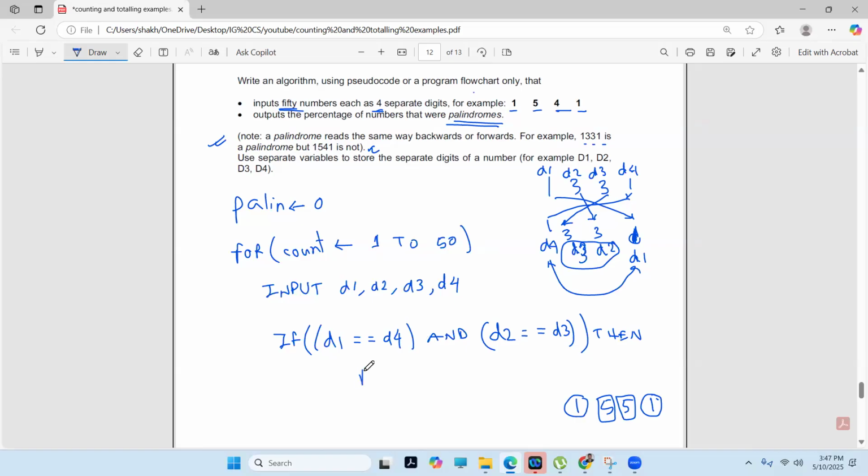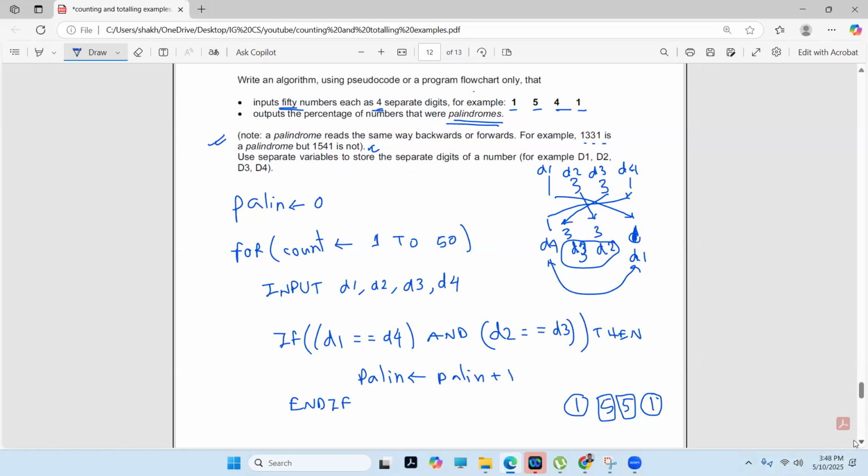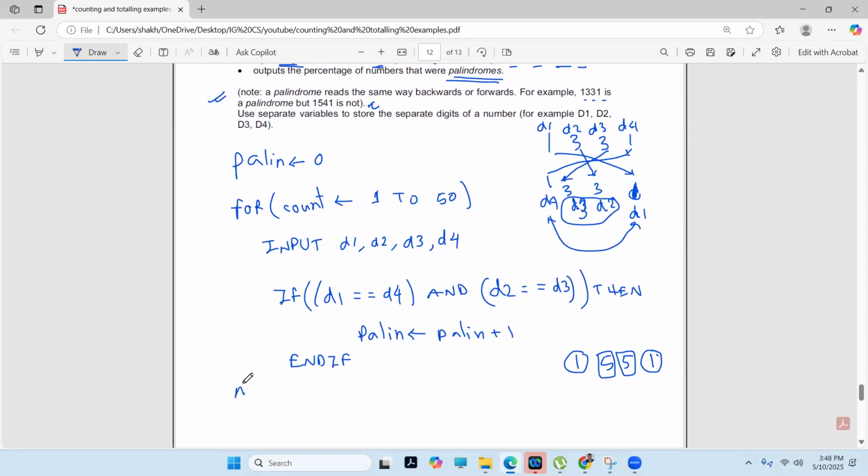I hope the logic is clear to you. If D1 is equal to D4 and D2 is equal to D3, then palindrome will increase by 1. That's it. The question is big, but the solution is small, because you need to think about it. Next count.